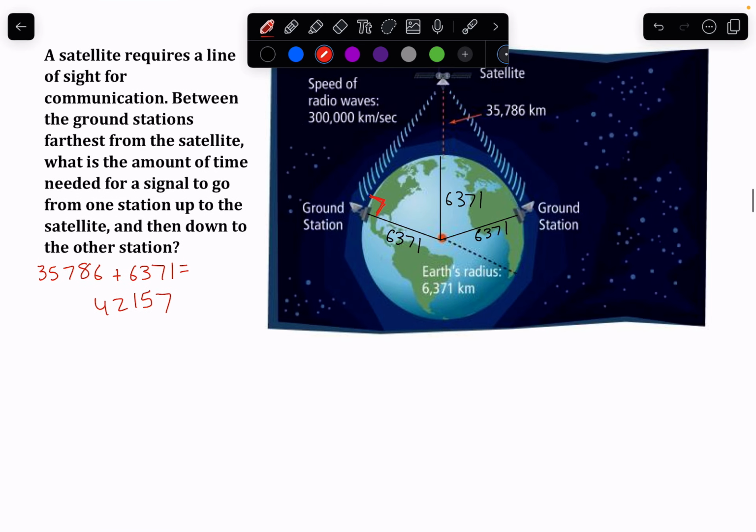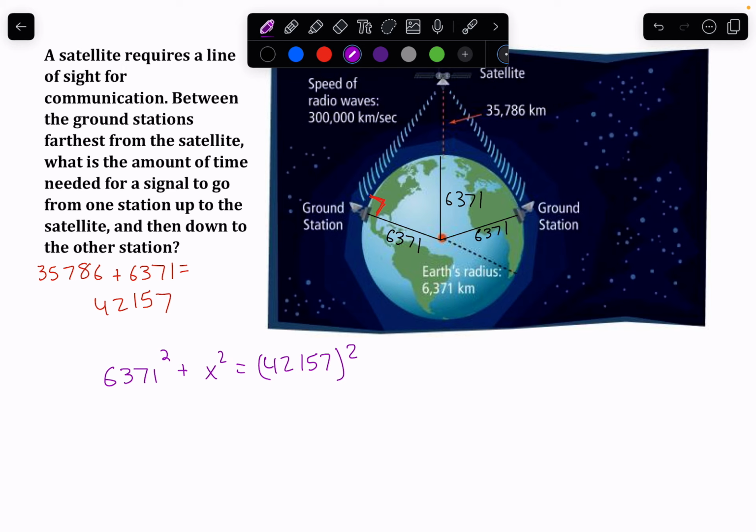So let's use the Pythagorean theorem. We've got the radius of the circle, 6,371 squared, plus the other short side, right? Here's one short side, here's the other short leg, that's x squared, equals the hypotenuse, distance from the center of the Earth to the satellite, 42,157 squared.